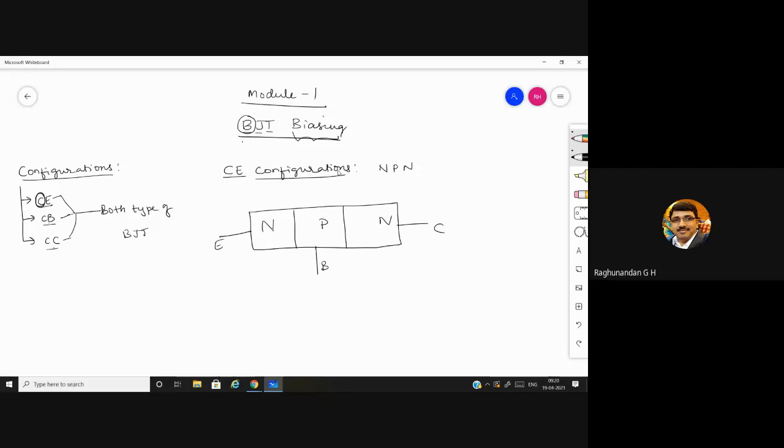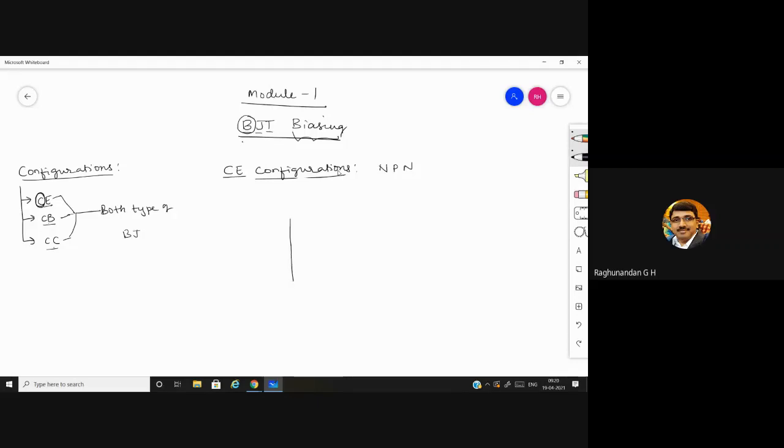So now this is the circuit we are having, and we are having common emitter configuration. So when common emitter configuration is asked, we need to arrange this part in such a way that this emitter terminal comes in the middle. So now we'll write this circuit.